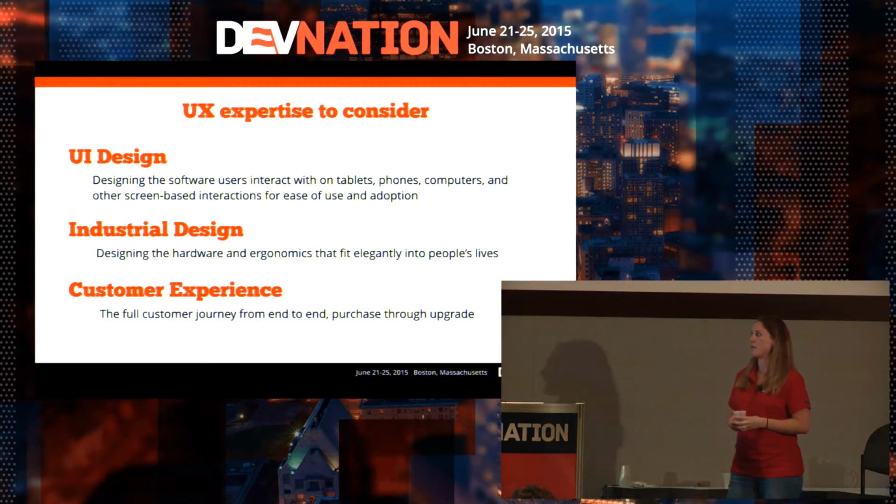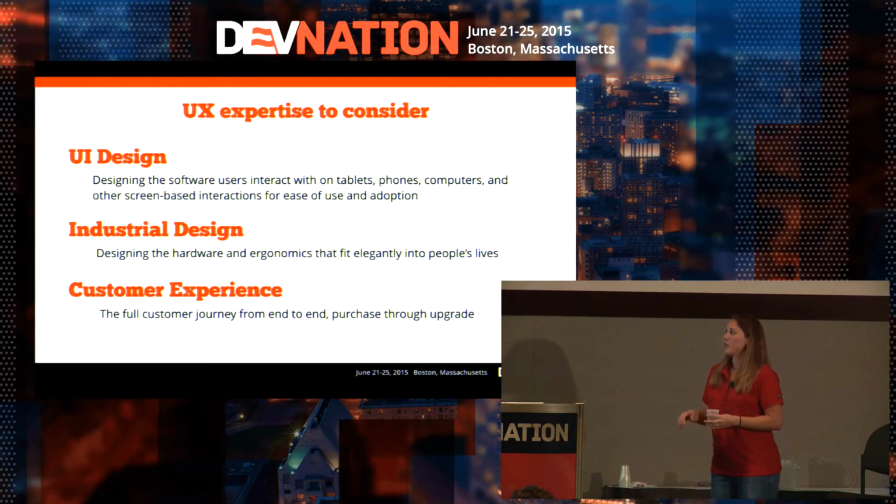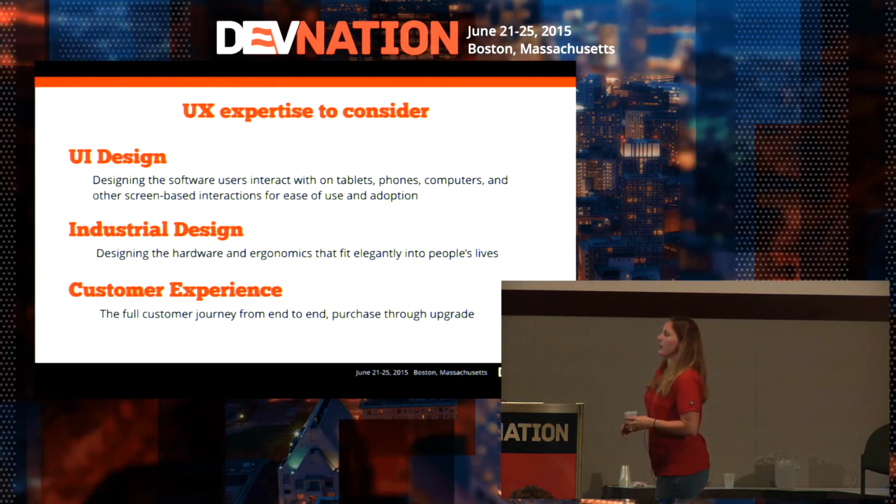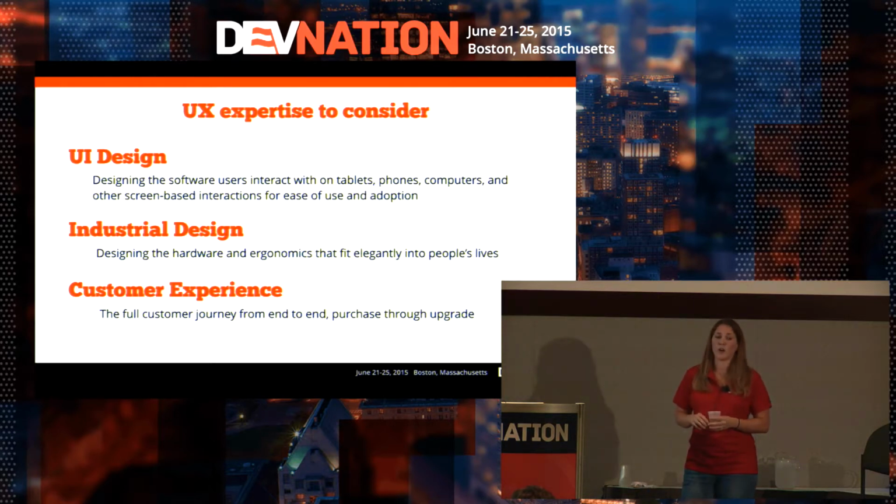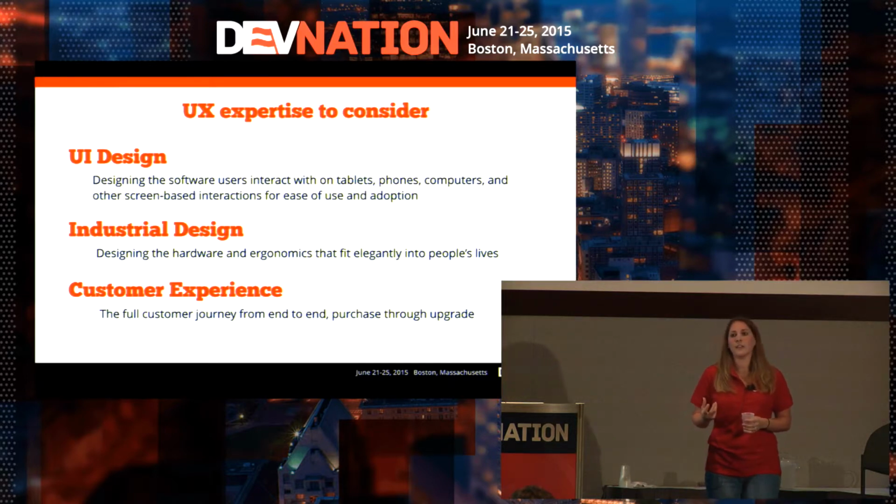UI designers are experts at understanding the user tasks and flows, and then creating the user interfaces in these devices that interact with those users at the right time in the right way. Industrial design: these people are experts in hardware and ergonomic design. They take care of things that are tactile that you need to design in the actual 3D world.